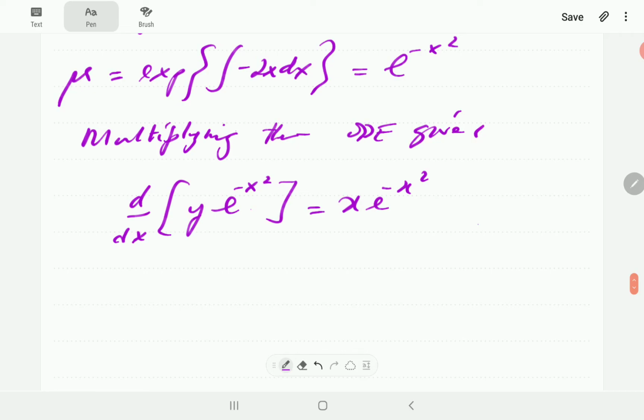And then again, if we integrate here, the left hand side is just going to be the quantity inside the square bracket.